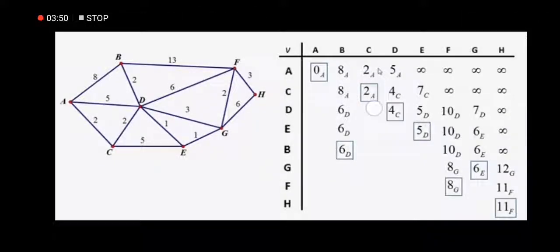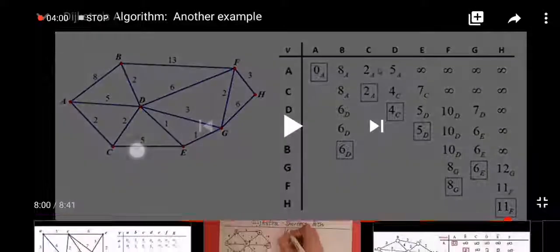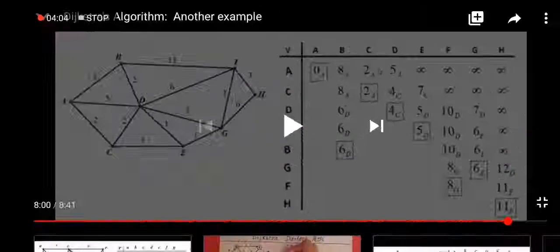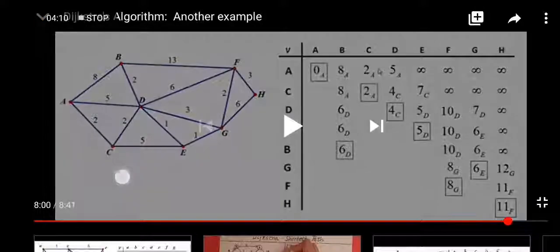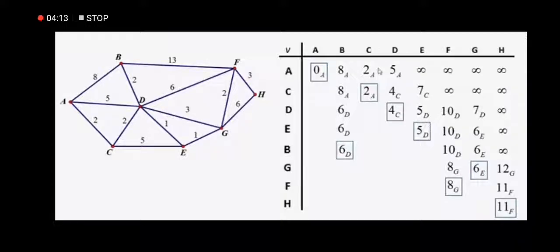So we drag it down, and we are now considering vertex C. So we can see here the vertices that are directly linked to vertex C are D and E. Since B is not directly linked, we will only drag the length from A to B down to the next column.